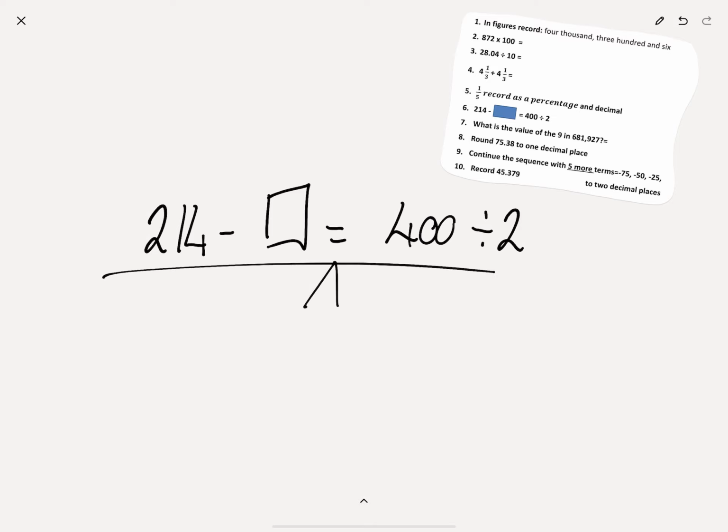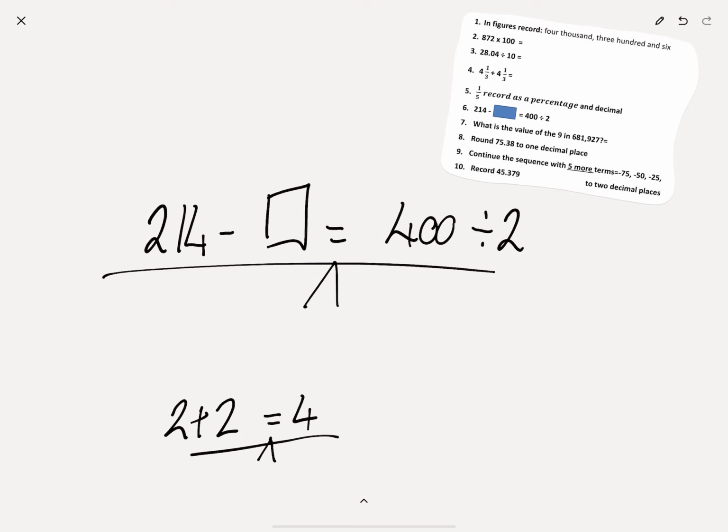214 subtract a box is the same as 400 divided by 2. Again, I know I've discussed this with you so many times, but I'll just make sure you've got it. The equal sign acts as the middle point of a set of scales, which means that one side of the calculation should match the other. Normally, it's very straightforward. 2 add 2 is the same as 4.